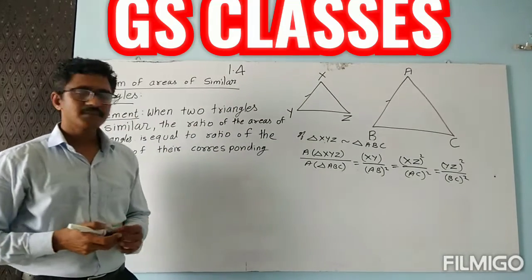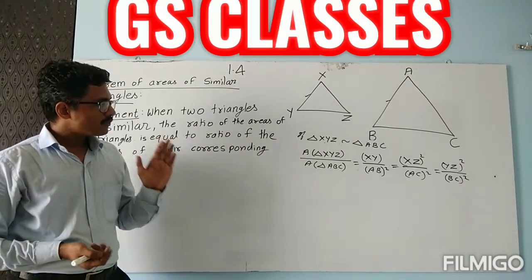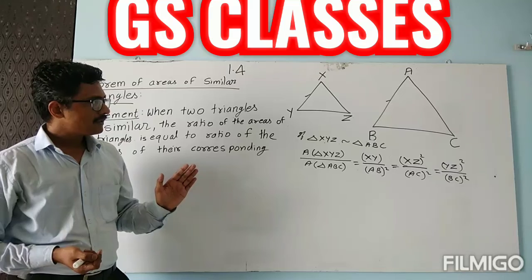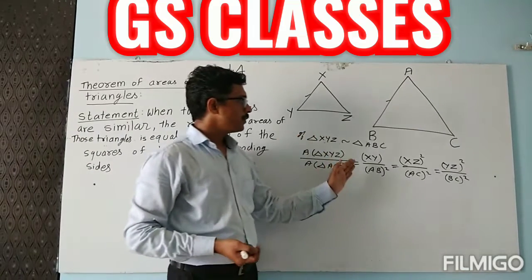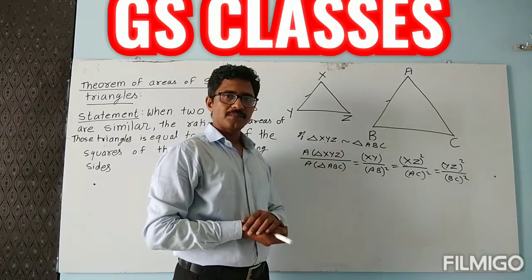Now children, triangle XYZ is similar to triangle ABC.